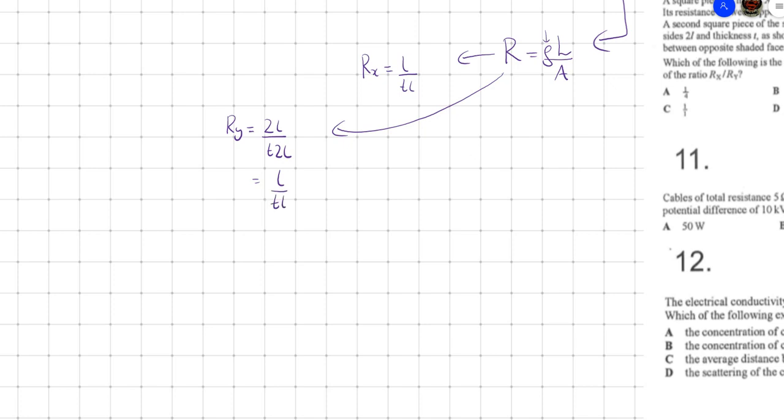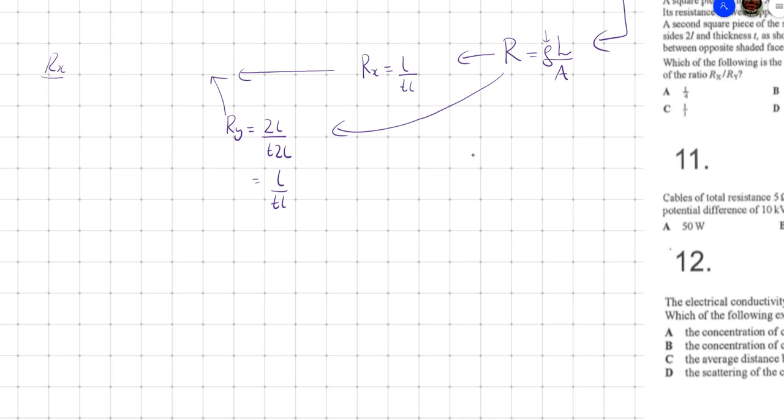So therefore, when we do the ratio, which is this over this, what do we get? So Rx is L. Okay, we're going to do this properly so again there's no confusion.